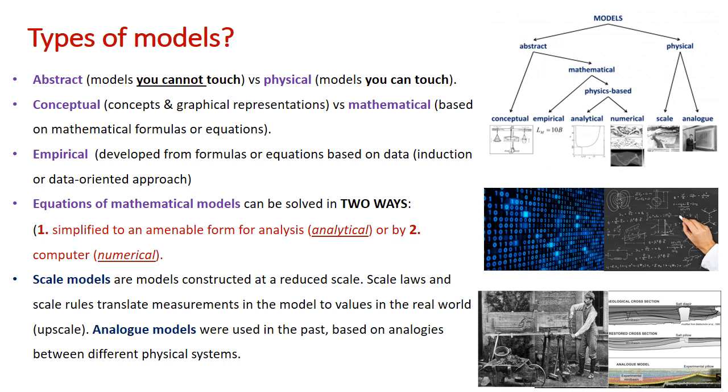When we talk about the physical models, again, you would see that they consist basically of a scale model or an analog model. Now, a scale model, you try to mimic the situation on a smaller scale, like from a sandy hill into just a very small experiment like a sandbox experiment.